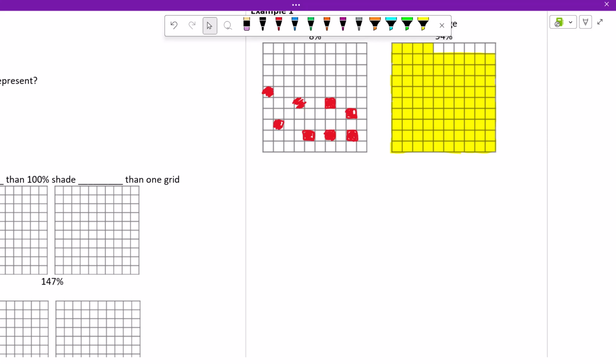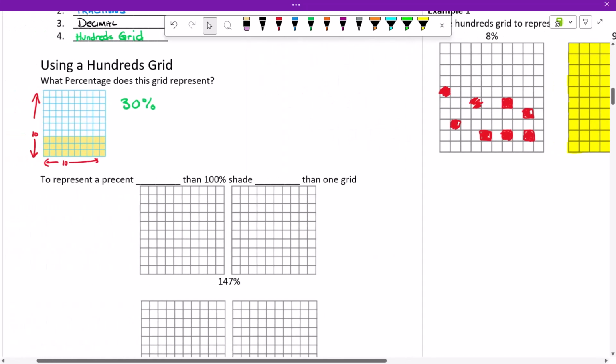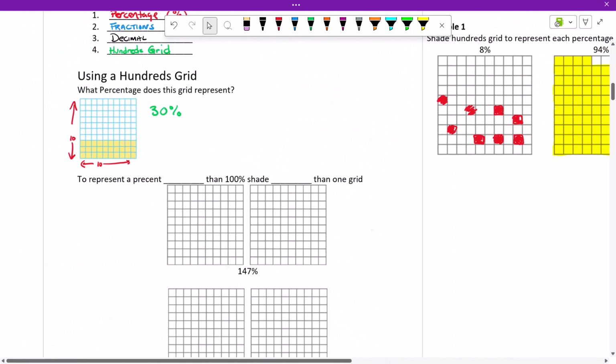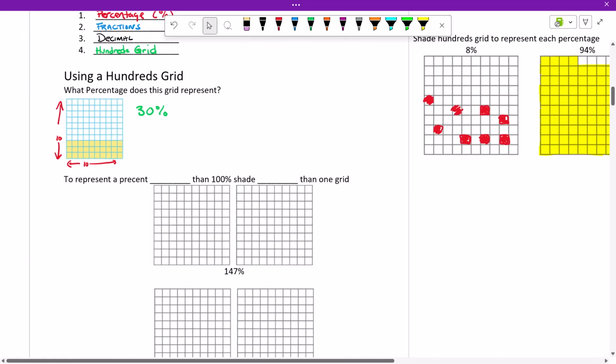Okay. Are we ready to go to the next part? Yeah. All right. So, sometimes with percentages, you guys can have a number bigger than 100.